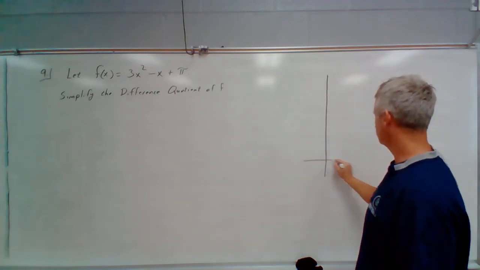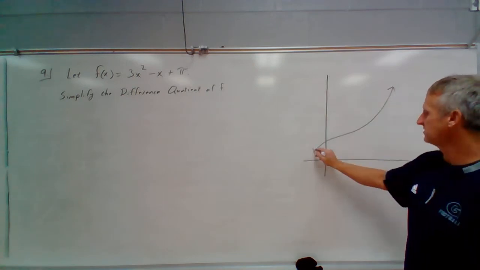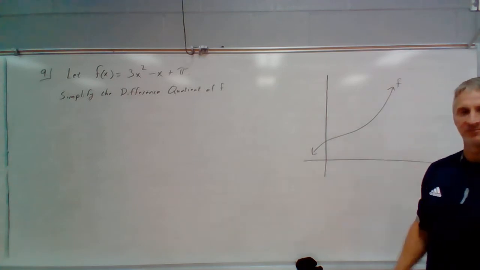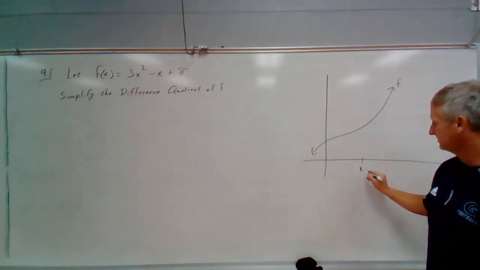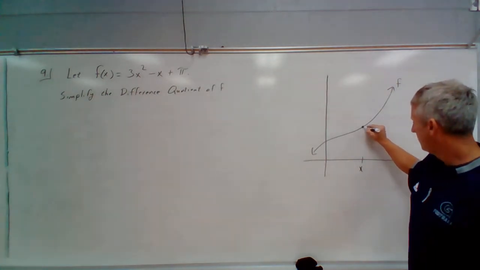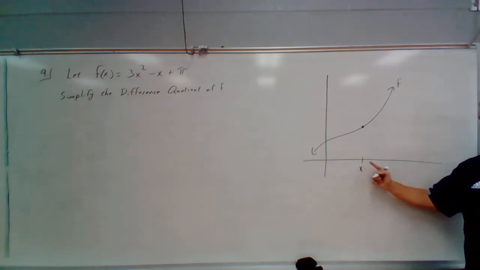So suppose that I have just some random arbitrary function. So this is some function f. Here's the point x. And I'm going to move over just a little bit. So whatever this x is, I'm going to add a little number h to it.